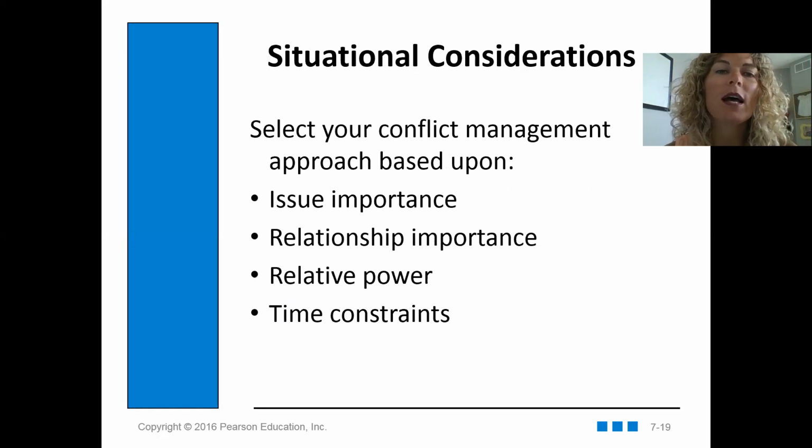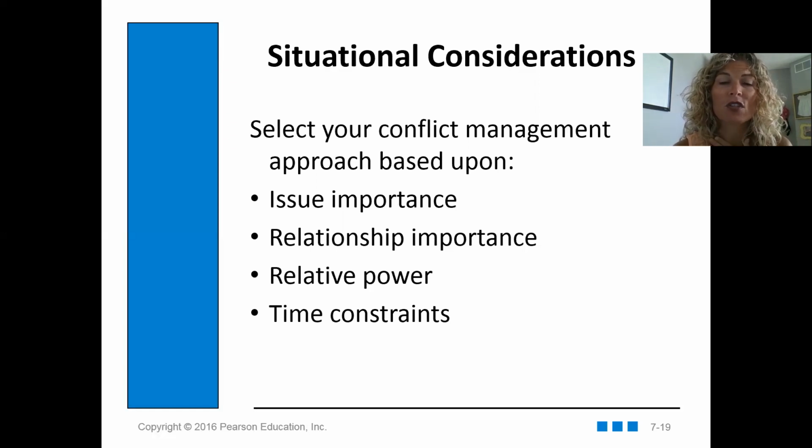So some things to think about when you're trying to figure out what strategy to use are these situational considerations. When you're looking at a situation, you can ask yourself, how important is the issue? Is the issue extremely important to you? If you say yes, then most likely your only two options are forcing or collaborating, because again, if you look at that chart, I have a high concern for myself.